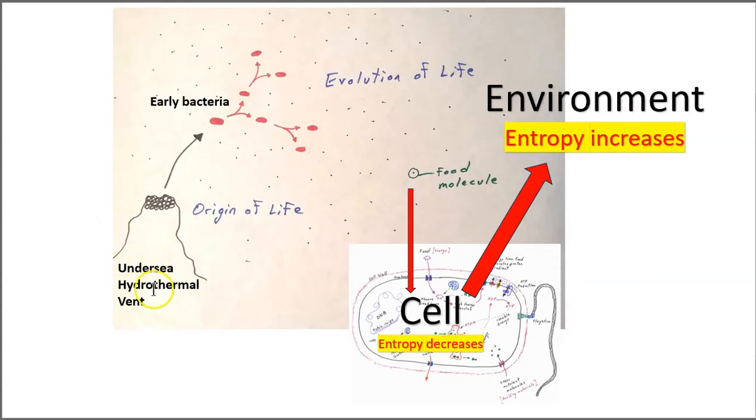So let's take a look at this picture here. We have living things emerging early in the history of life, and they're going to be eating some molecules and importing this energy. Now, the way the biologists and physicists view this is that the cells are decreasing the entropy, in other words, increasing order, and they're maintaining this order, but it's at the expense of entropy increasing in the environment.